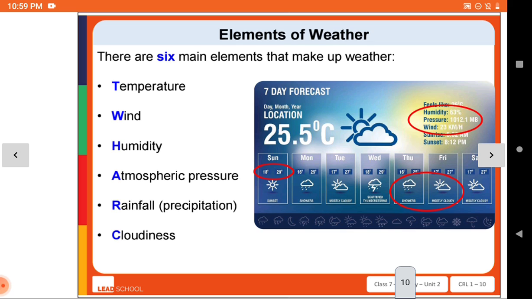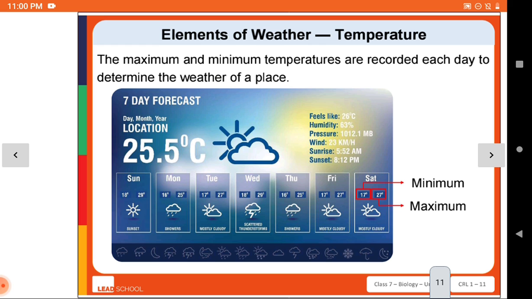Elements of weather: there are 6 types of elements. The first element, a very important element upon which weather depends, is temperature. So the maximum and minimum temperature recorded for each day determine the weather of a place.